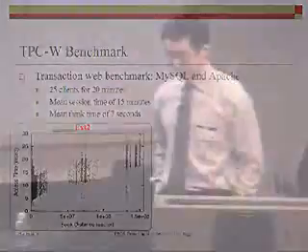So the first thing we did was to run the TPC-W benchmark under ext2, which we use as our base case. And this shows the disk accesses. On the x-axis, we show the seek distance to access the disk, and on the y-axis, we show the access time to access that particular sector.